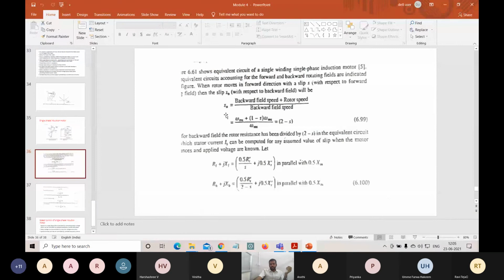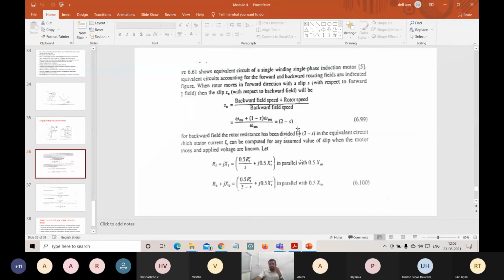So Sm, the slip, the total slip of a single phase induction motor, will be given by backward field speed plus the rotor speed divided by backward field speed. Similarly, you can use forward field speed plus the rotor speed divided by forward field speed also. So Sm is equals to 2 minus s.